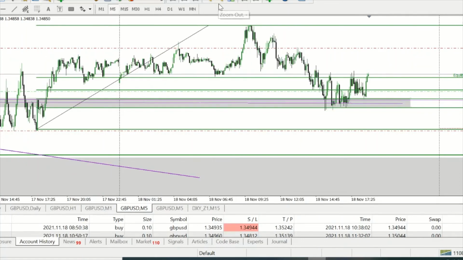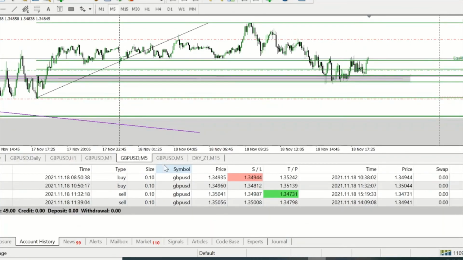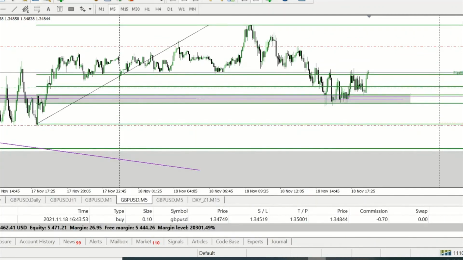So that's the end for today's analysis. It's good to know how the market is, how it trades, and following, sometimes you have to know where the direction of the market is going.